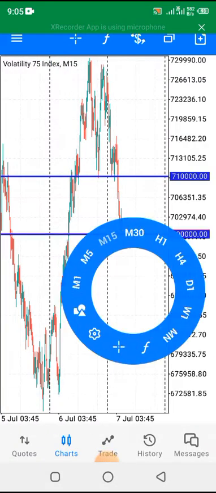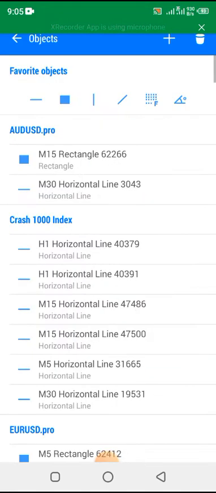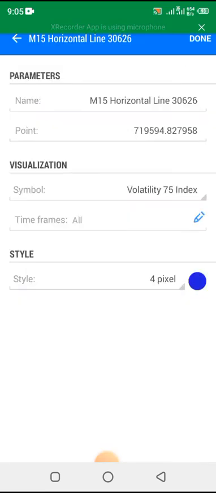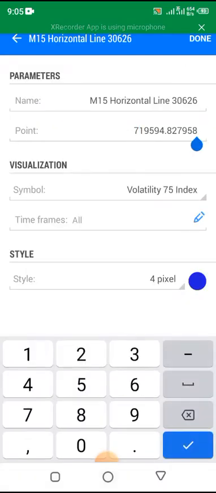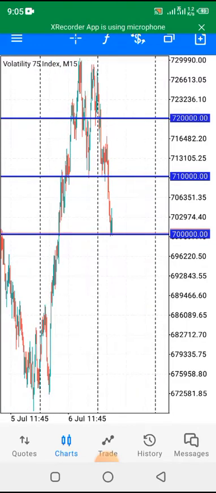You can see the next one from above here, probably 720,000. Remember, these are psychological levels, like rounded off numbers.